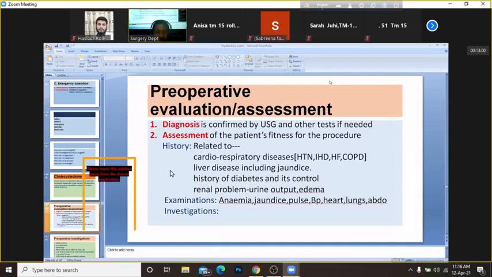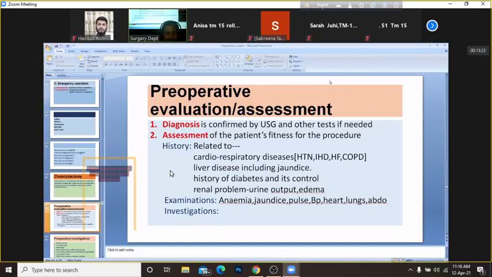So we have to ask the patient about major organ related disease: cardiac disease, respiratory disease, liver disease, diabetes mellitus, and renal disease. And we have to examine the patient for anemia, jaundice, pulse, blood pressure, heart, lung, abdomen.